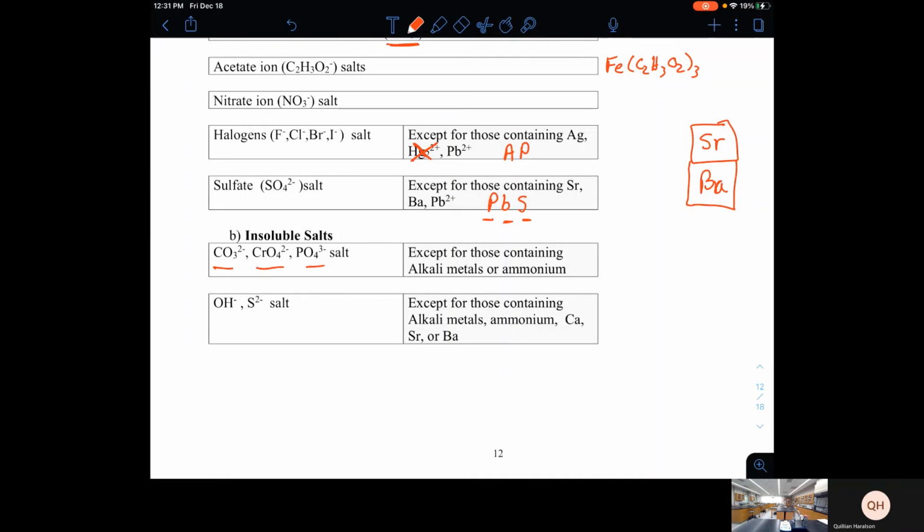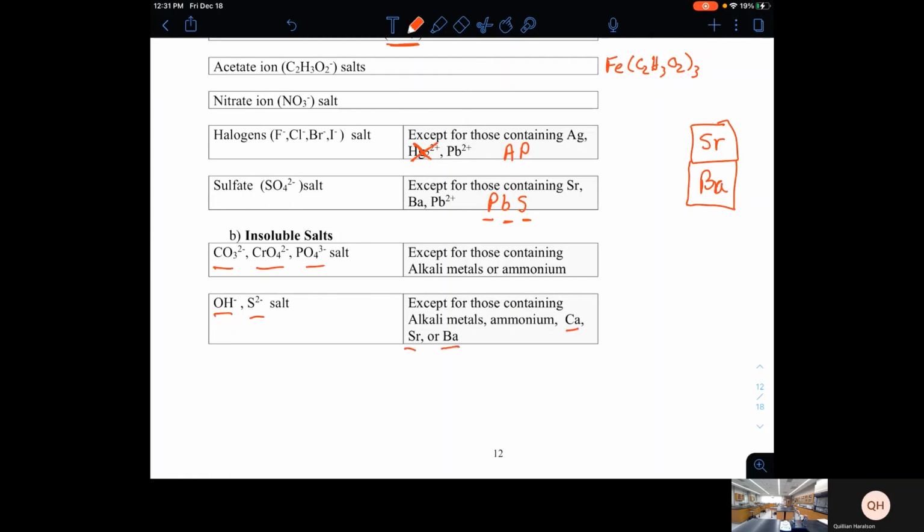The last one is hydroxides and sulfides. Hydroxides and sulfides, once again, are going to be insoluble. Alkali metals and ammonium, we said that supersedes everything. And then there are a few more for the hydroxide and sulfide. You've got calcium, strontium, and barium.